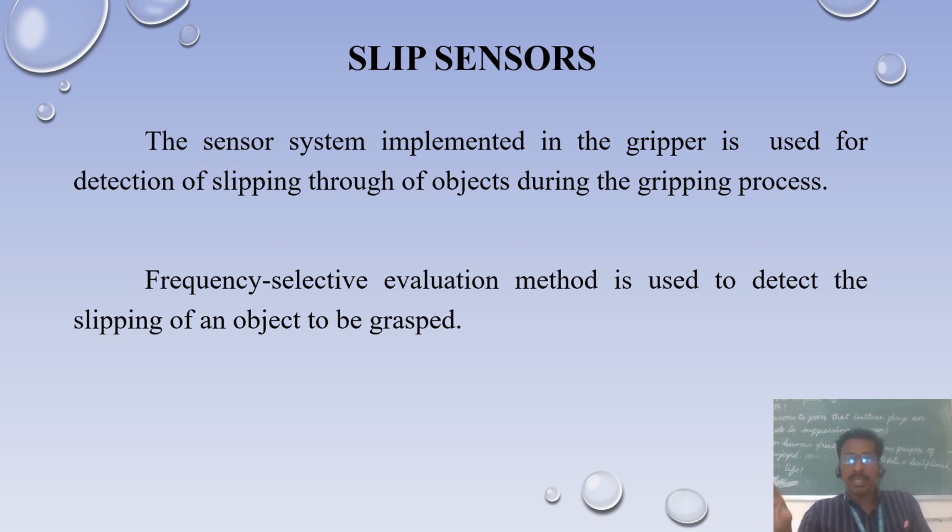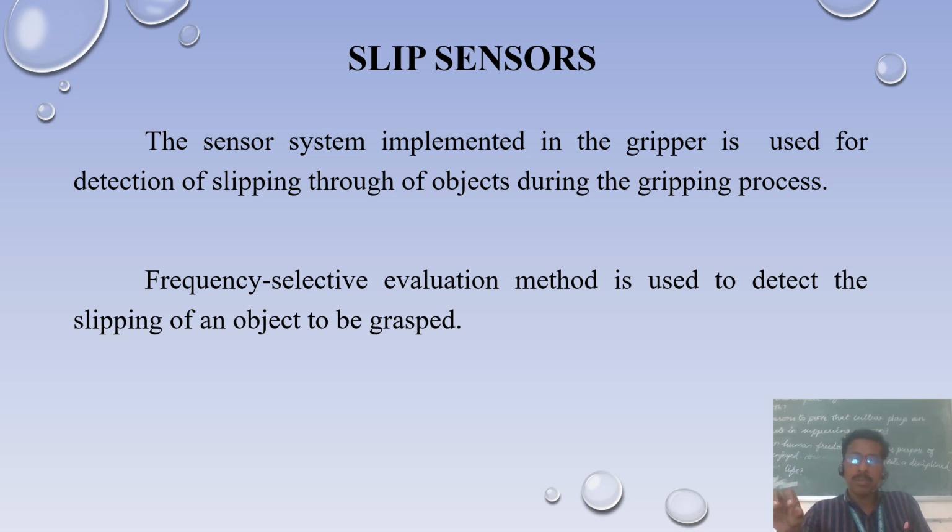If the end effector catches any object, the gripper will sense whether the particular object is strongly attached with the end effector or not. If any slip occurs, the end effector will lose the particular object.